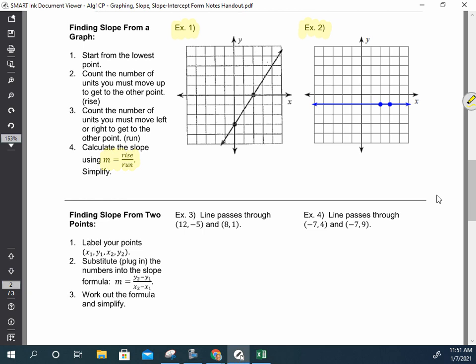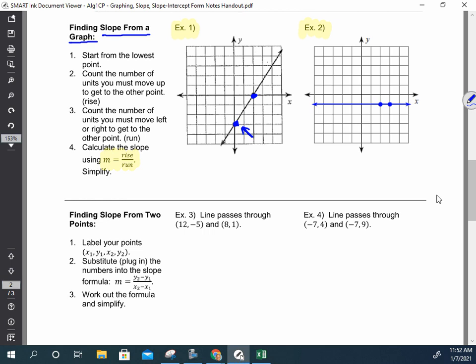So let's go ahead and review the slope of the line. So if you're finding the slope from a graph, first step, start at the lowest point. So for example 1, you've got 2 points on a graph. Start from the lowest point.